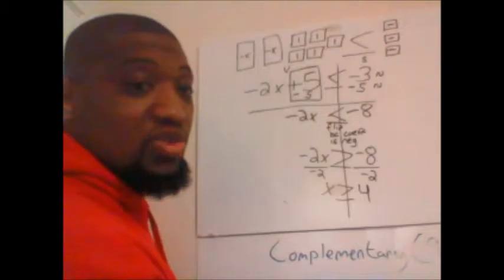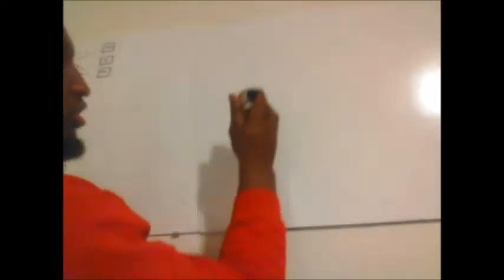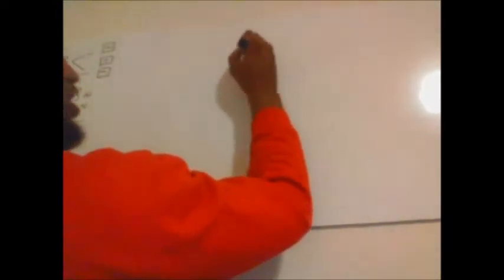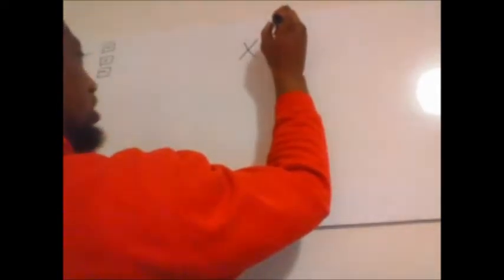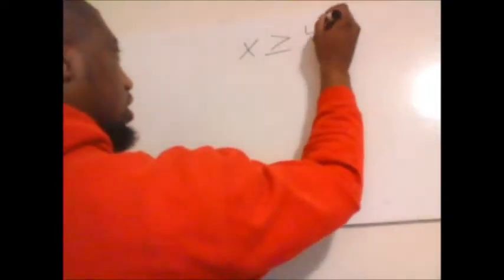So now, how do I read that? I'm going to take us over here. How I read that is I ended up having x and 4.